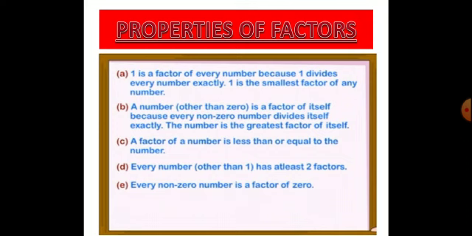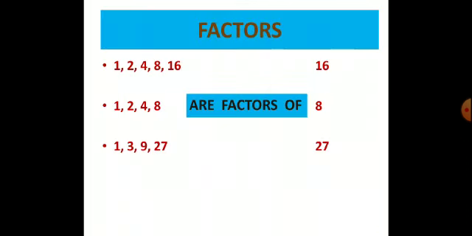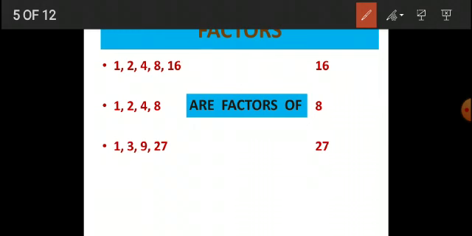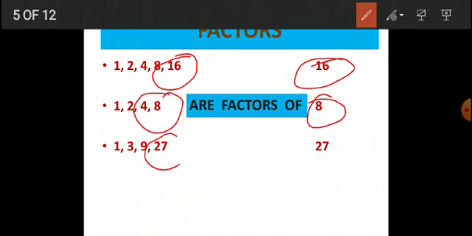Now coming to property number 2. You can see that the greatest factor of every number is the number itself. Look here, children. 16, 8, 27.